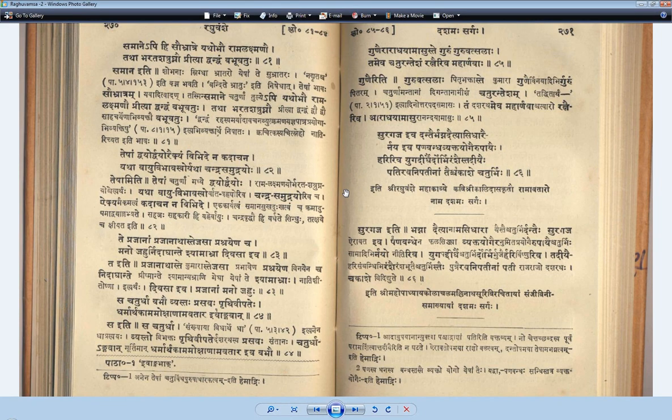So what we should do is let's do the padanvaya. He says, so samane api, so saubhratre. He's taking it first. He's samane api.